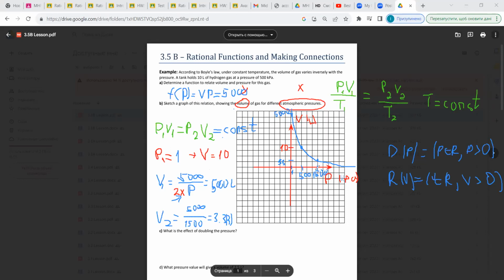For example, if we had 500 kilopascals and 10 liters, 1000 kilopascals would give us how much liters? 5 liters. 1000 kilopascals will give us 5 liters.